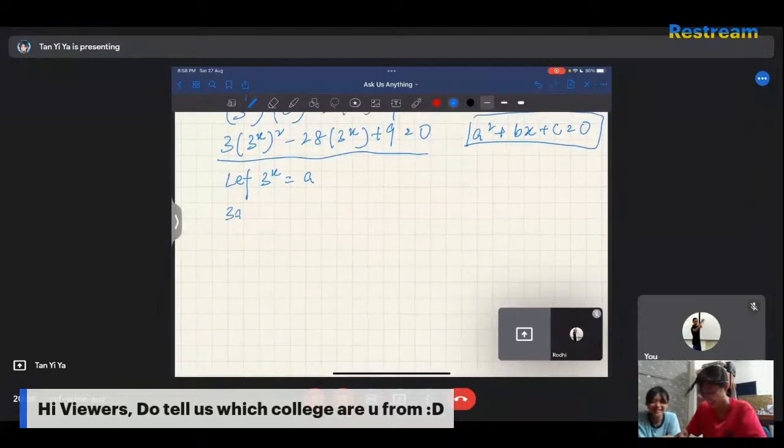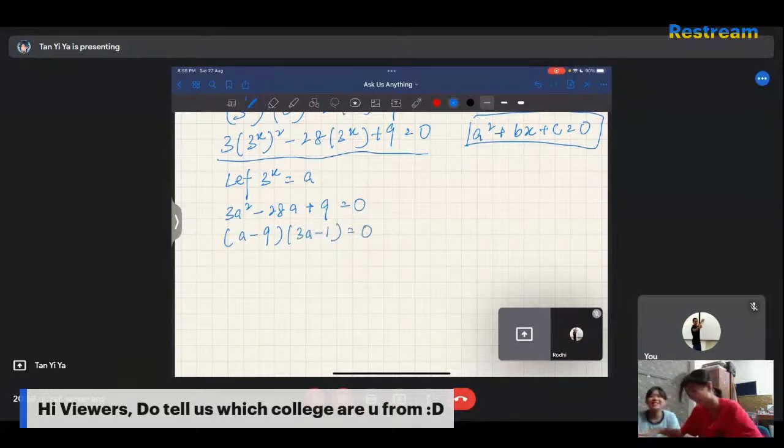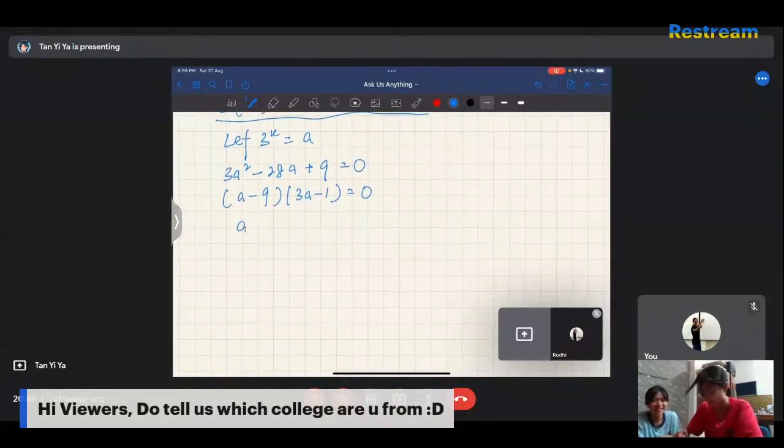So 3a squared minus 28a plus 9 equals 0. To solve this, just factorize it, and you press the calculator, it will be a minus 9 times 3a minus 1. Xuan&2 no need to press calculator, guys. So we can get the value of a, which is 9 and also 1 over 3.